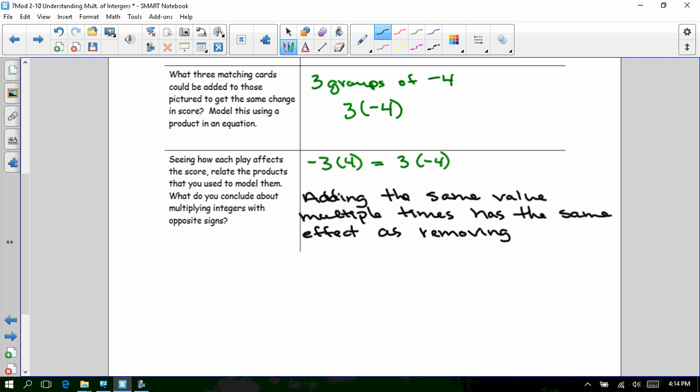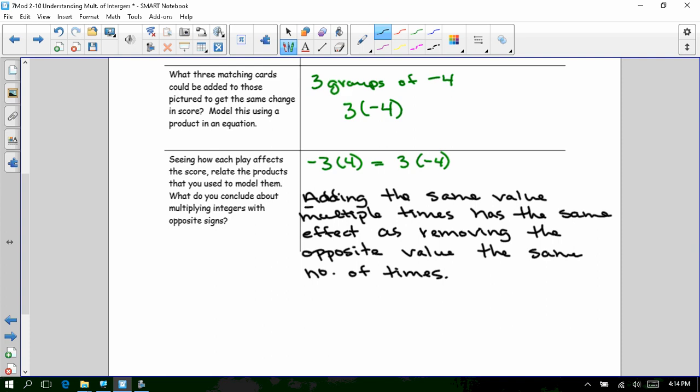You're like, hold it, you just said you were adding. Now I'm removing? Yep, I'm going to be removing the opposite. Removing the opposite value the same number of times.